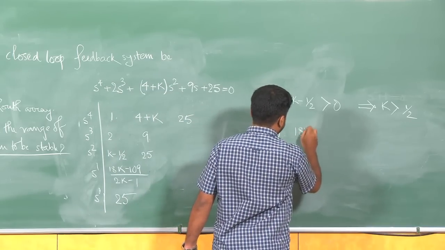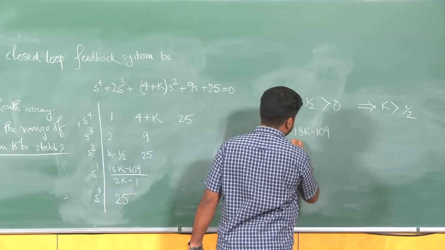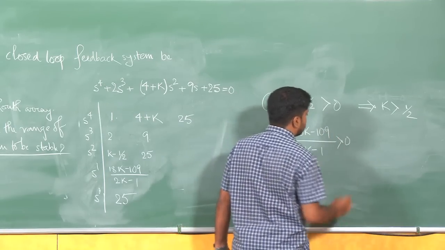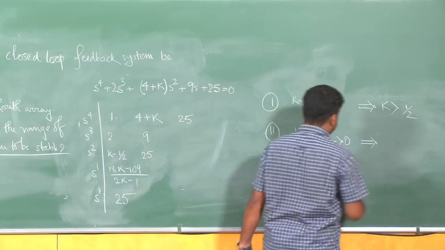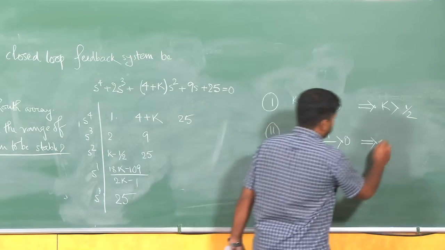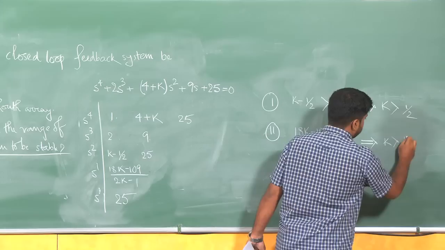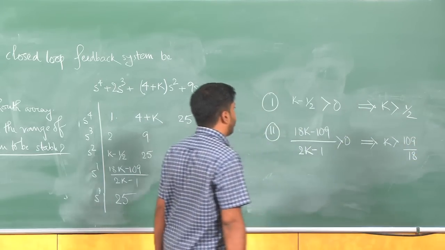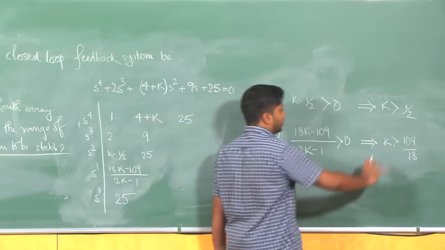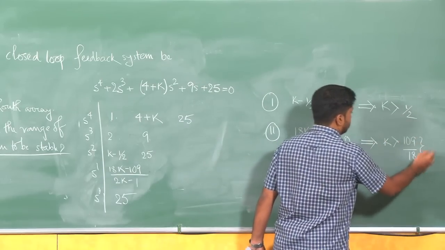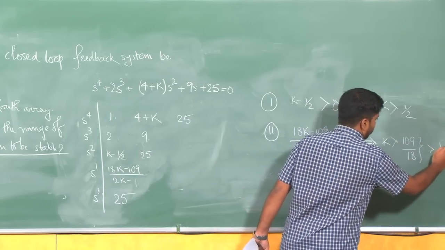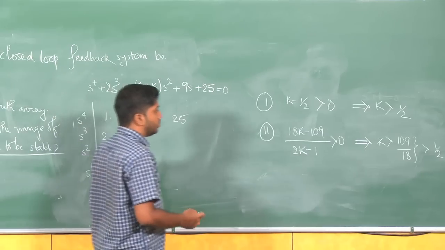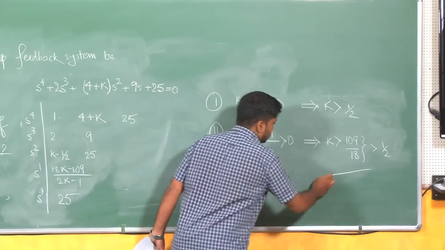So, (18k minus 109) by (2k minus 1) is greater than 0, that implies that k is greater than 109 by 18. Now, definitely this value 109 by 18 is greater than half. So, the system will be stable when the value of k is greater than this.